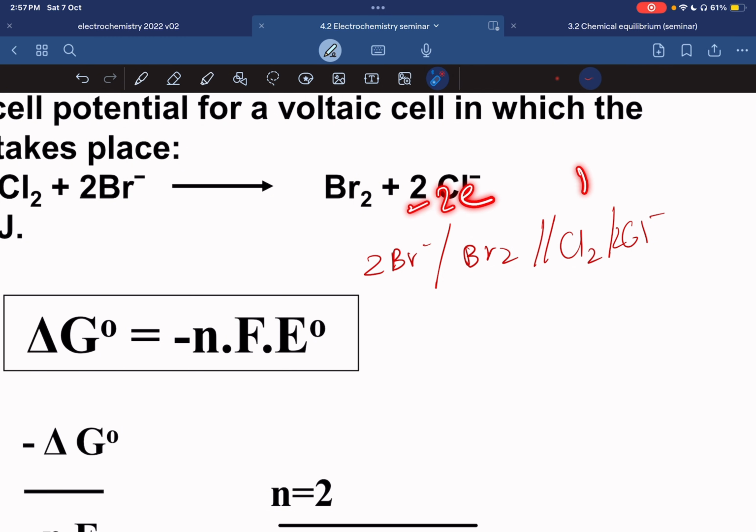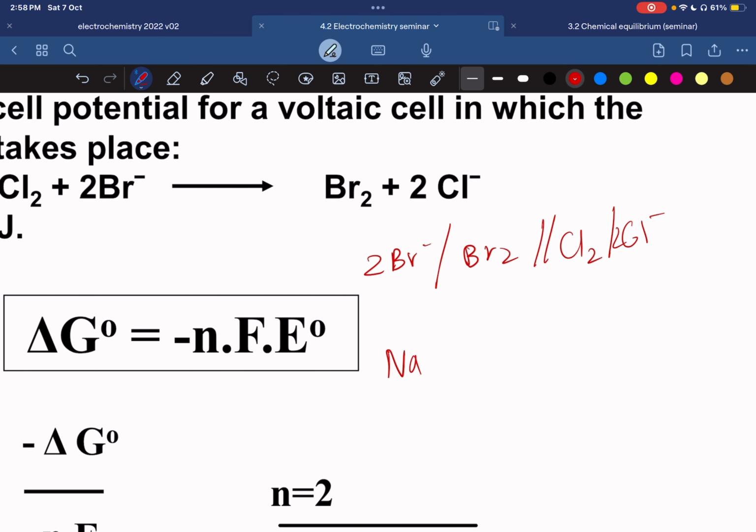Minus two electrons, and we have plus two electrons. Now if the numbers of electrons being lost and gained are the same, then that number will be considered n.